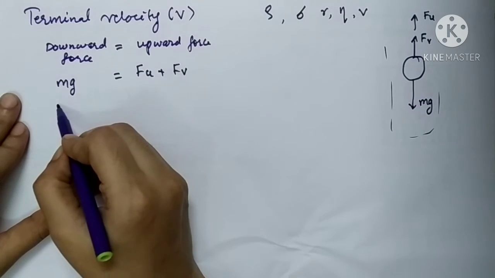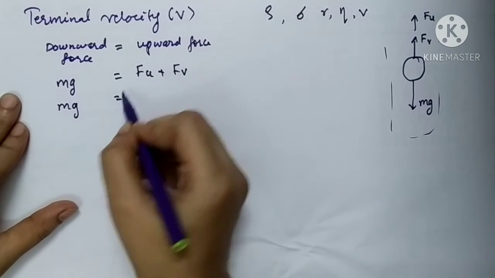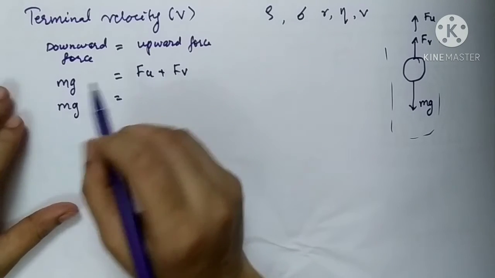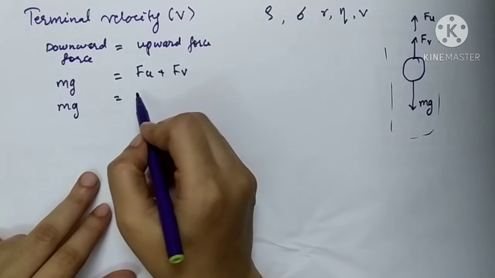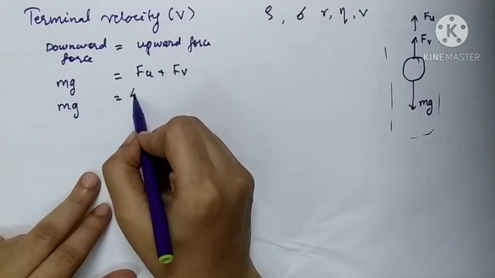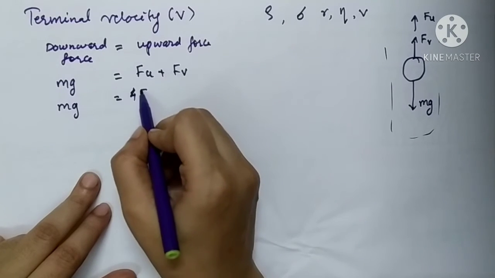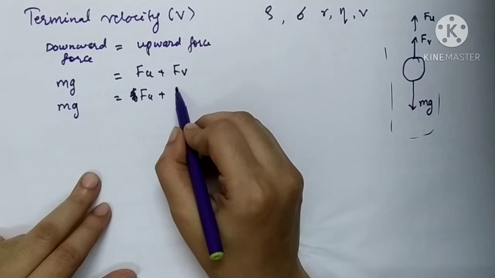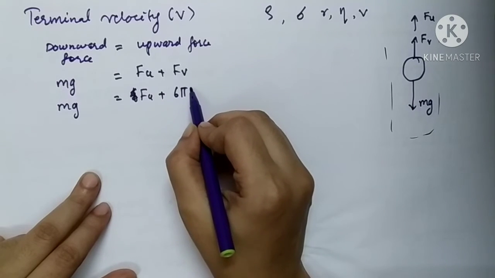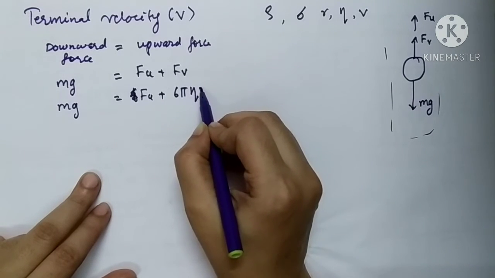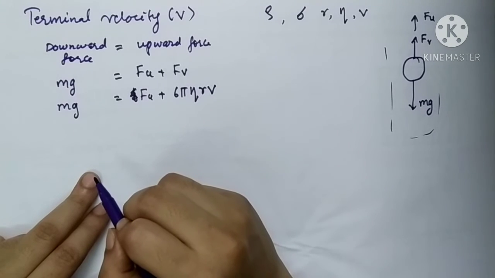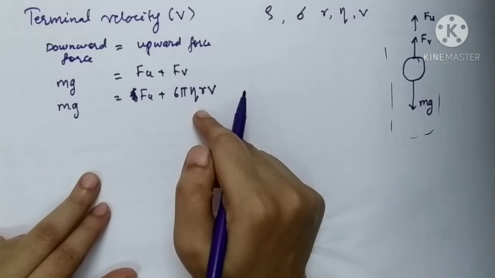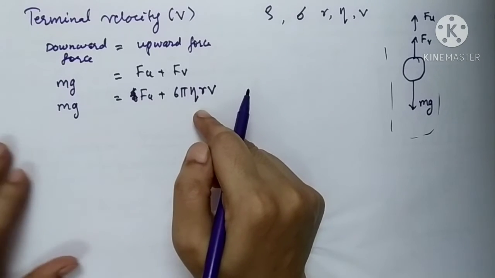So mg is equal to upthrust force, which is given by a formula. Here, keep it as it is first, Fu. What is Fv from the Stokes law? We all know that it is 6 pi eta r v from Stokes law. Just now we have studied Stokes law.